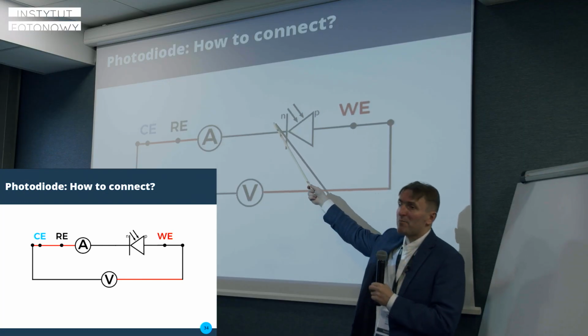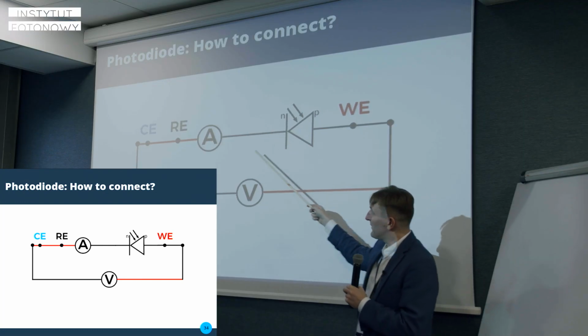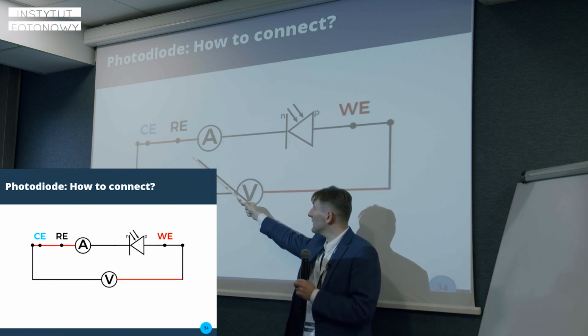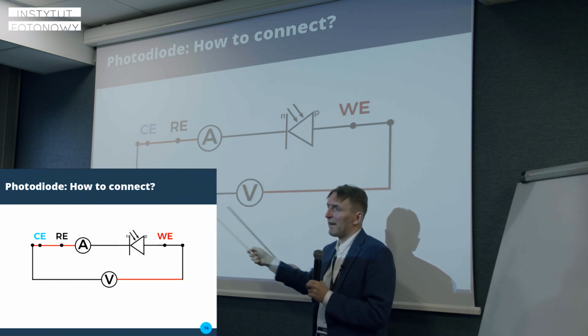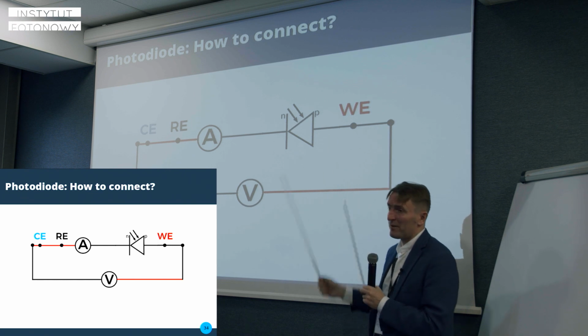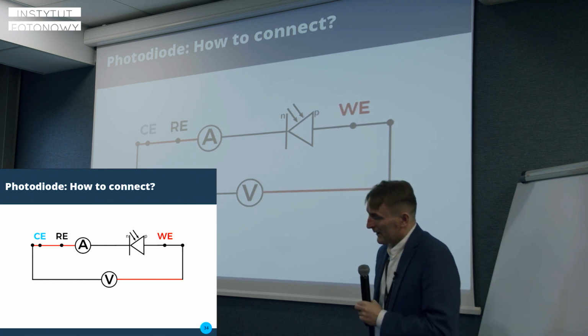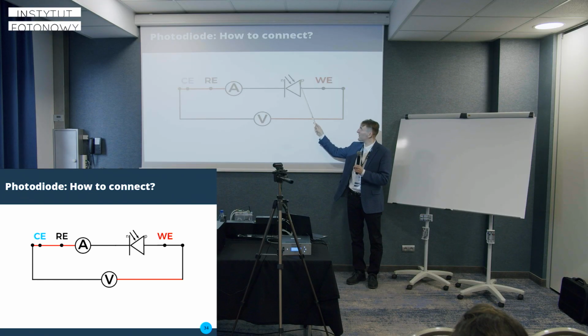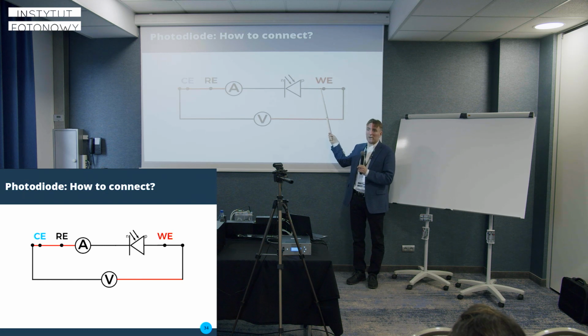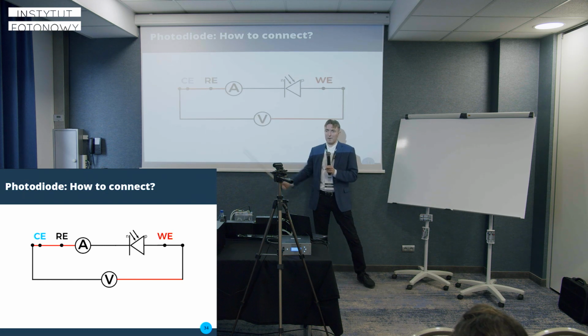The N-type semiconductor is facing the reference electrode, the CE electrode, and the working electrode is on the P side. This symbol represents a photodiode, and it has this triangle here. The triangle shows the direction of current when the device is forward biased, meaning there is larger potential on WE than on RE, on CE.